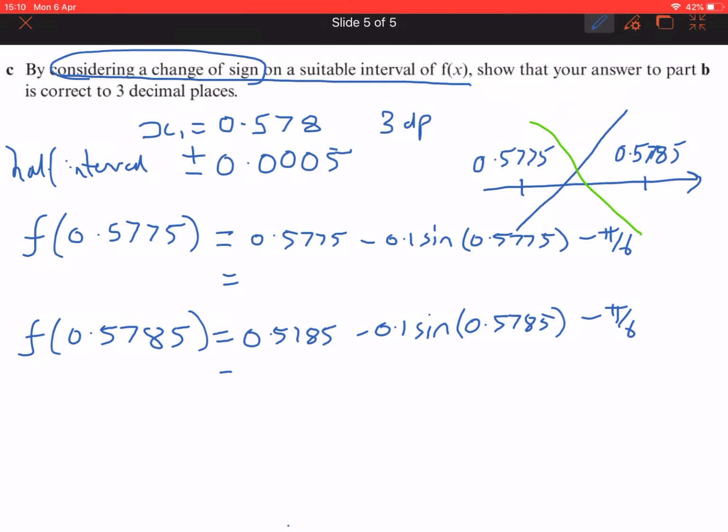So I'm going to need to evaluate these two. And the first one gives me negative 0.00069, and for the second one you can just edit it and change the 0.5775 to 0.5785, and I get 0.00022.